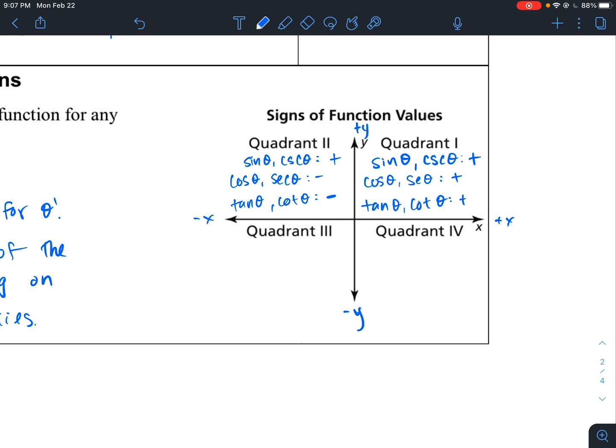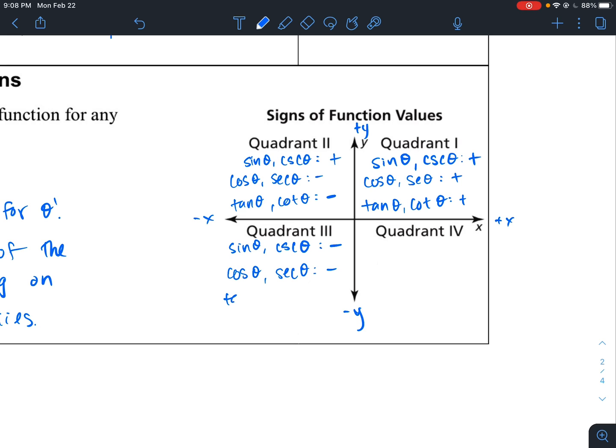Over here in quadrant 3, sine of theta and cosecant of theta will be negative, because y is negative, and sine is y over r. Cosine of theta and secant of theta will also be negative because this involves x over r, and over here x is negative.